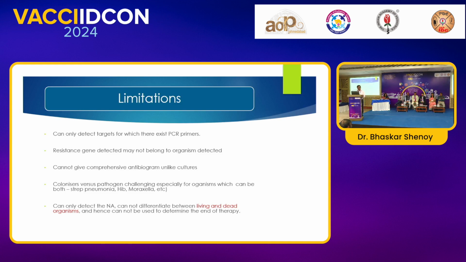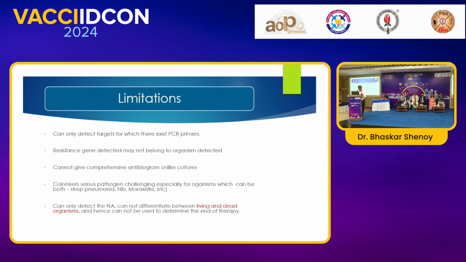But these have their own limitations because they can detect only the predefined targets which you put in. Unlike culture, where even a rare organism can be detected, here only preloaded organisms can be detected. Resistance genes we mentioned, but it doesn't give antibiograms like cultures.